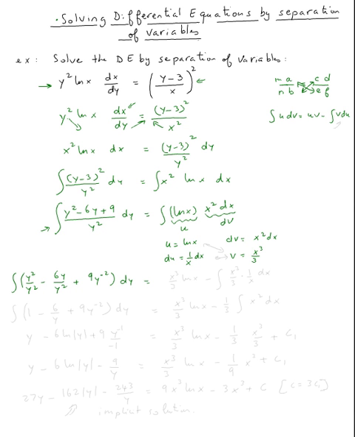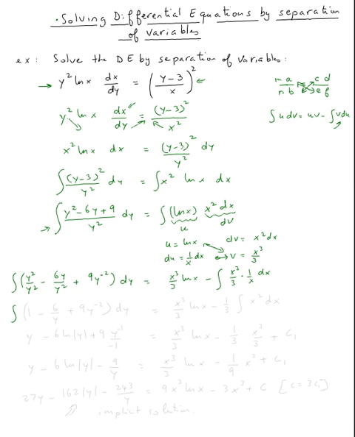The right side is supposed to be uv, which is x cubed over 3 ln x, minus the integral of v du. v du will be x cubed over 3 times 1 over x dx.